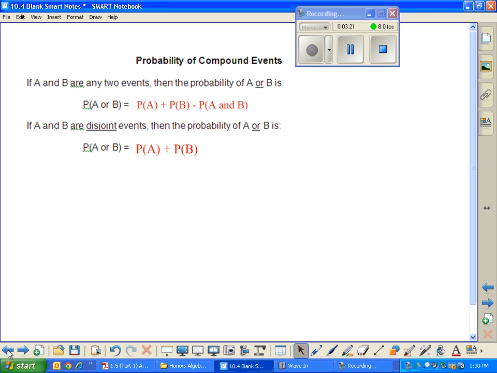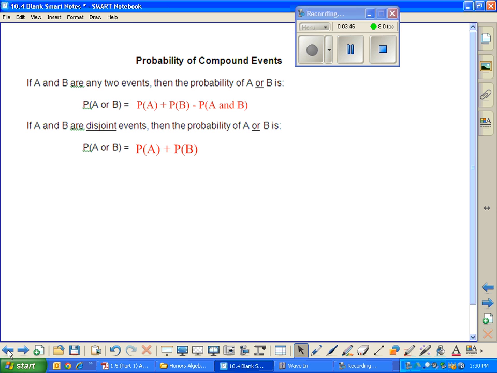If A and B are any 2 events, then the probability of A or B is the probability of A plus the probability of B minus the probability of A and B. Now down below, if A and B are disjoint or mutually exclusive, then the probability of A or B is just the probability of A plus the probability of B.